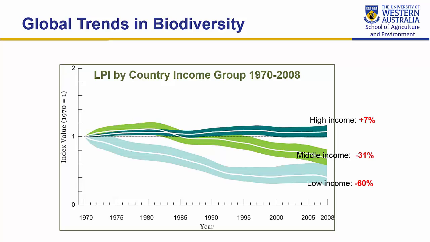And they had this image for different income countries: low income countries, middle income countries and high income countries. We are a high income country. And what you see is that in low income countries, biodiversity has declined much steeper than for high income countries, for example. Why would that be?